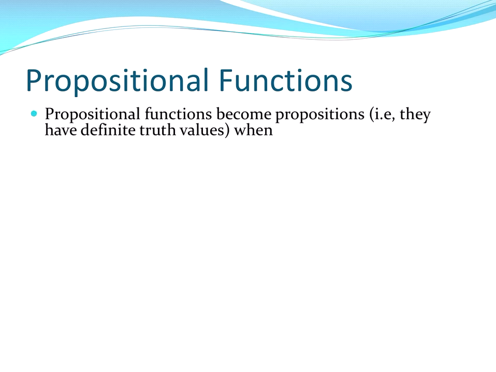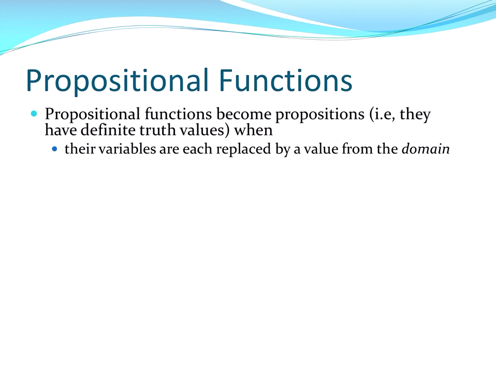All right, so when you have a propositional function, it can become a proposition when the variables are given a specific value from the domain, or if we bind them in a sort of set way by quantifiers, which we'll discuss later.